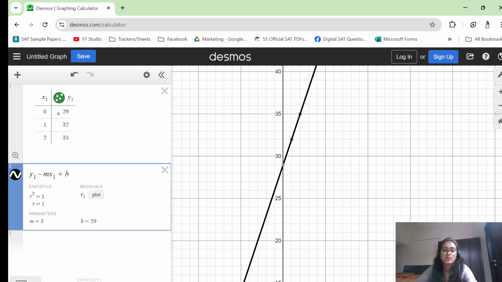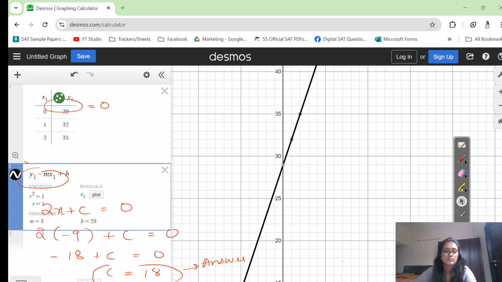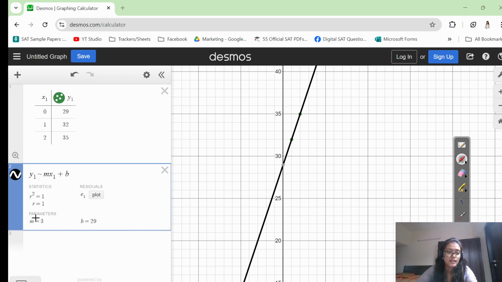Okay, so you can see now they have given the parameters: m is 3 and b is 29. Can you see this? m is 3 and b is 29.